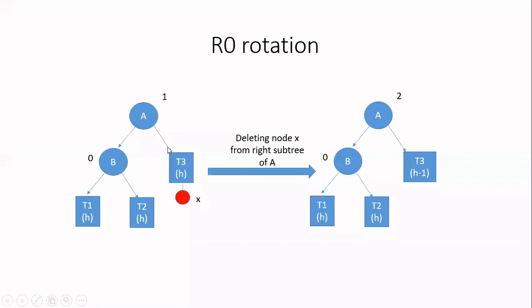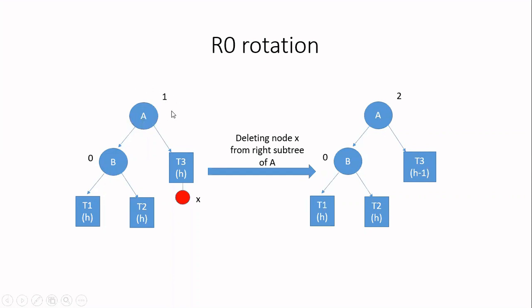Up to T3 the height is H. Then here you have one link, therefore it will be H plus 1. If you focus on the height in the left subtree, up to this it is H, here plus 1 and here plus 2. So it is H plus 2. Now to calculate the balance factor of A, it is H plus 2 minus H plus 1. So you will have 1 as the balance factor of node A.